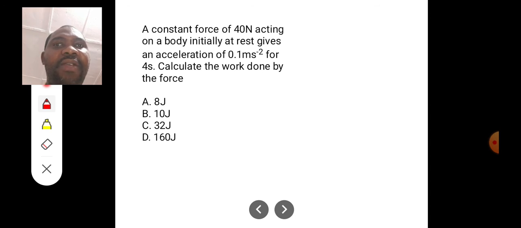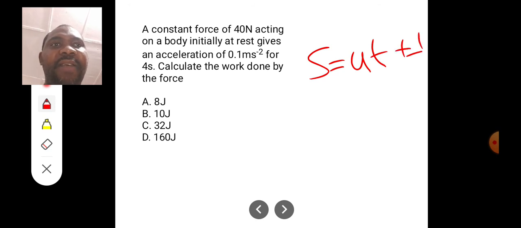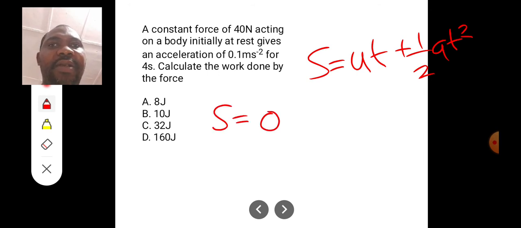We can use the equation of motion to find the distance, because we can say S is equal to ut, this is the best formula to use, plus half at squared. Okay, I'm using the equation of motion. So my S here will be equal to your u, initial velocity is 0 because it says the body is initially at rest.